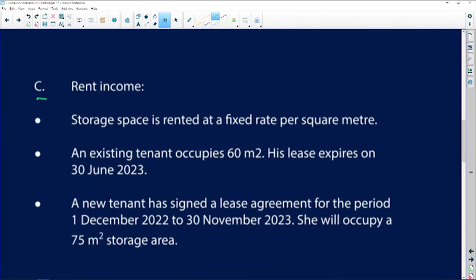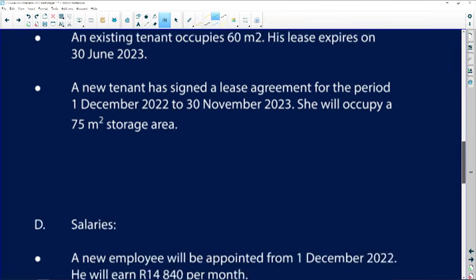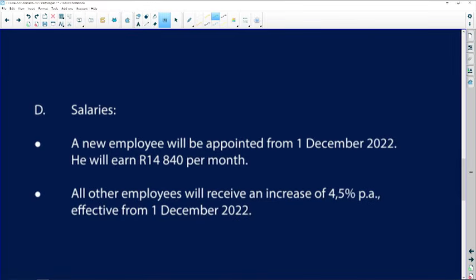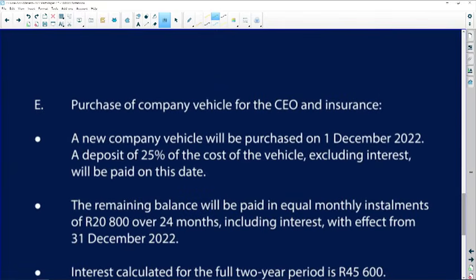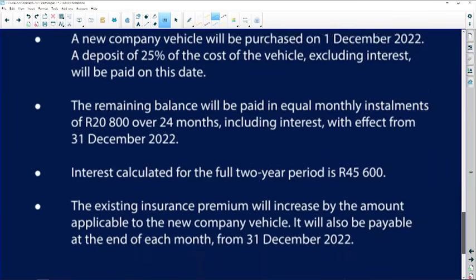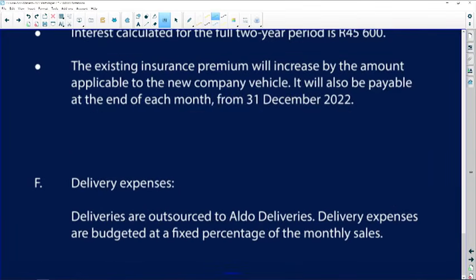Information C deals with rent income. Then info D deals with salaries. The next bit of information E, purchase of company vehicle for the CEO and insurance. Right, and then finally information F deals with delivery expenses.